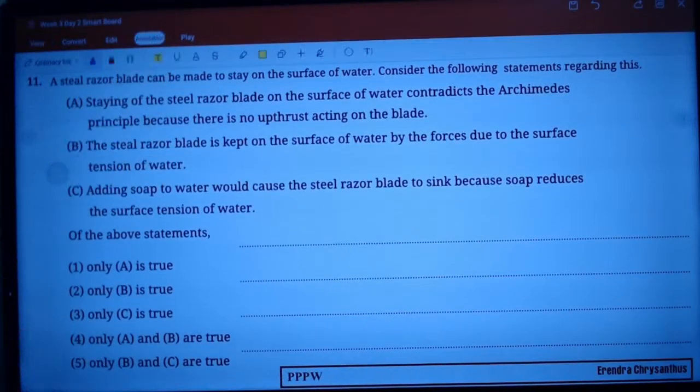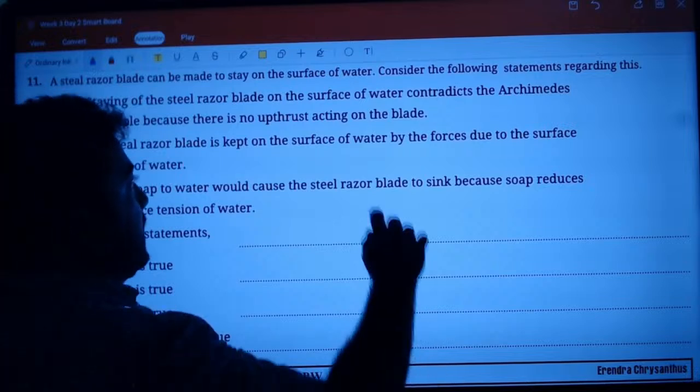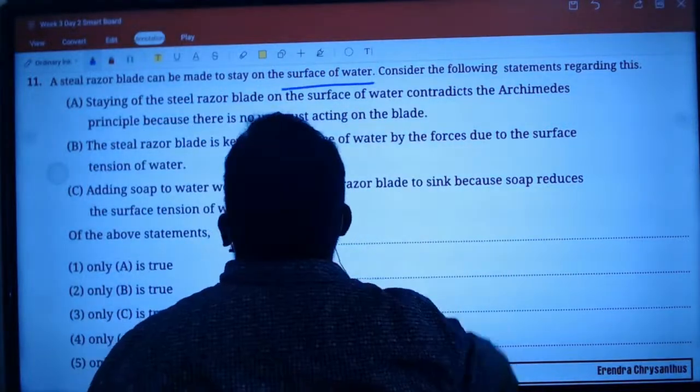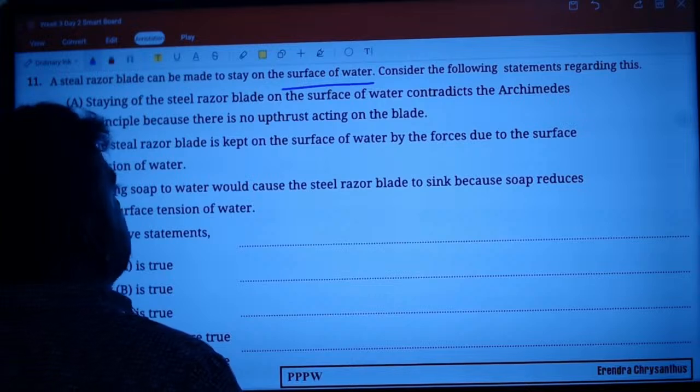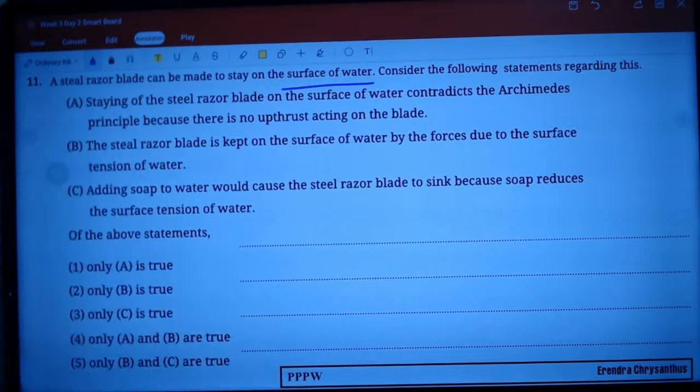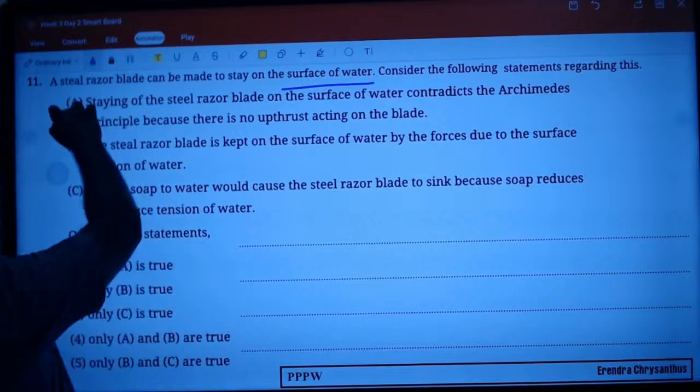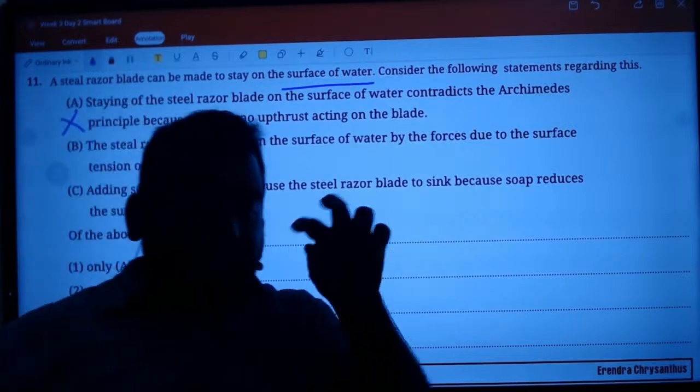A steel razor blade is made to stay on the water surface because of surface tension. Staying of the steel blade on the surface of water contradicts Archimedes' principle because there is no upthrust acting on the body. This is wrong. You know why? The blade is not submerged.